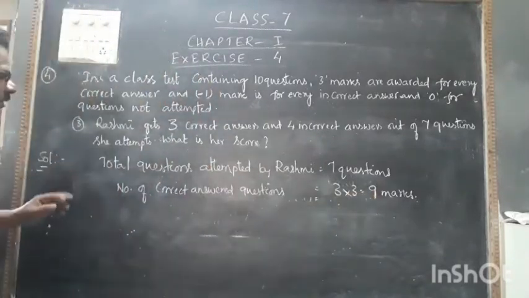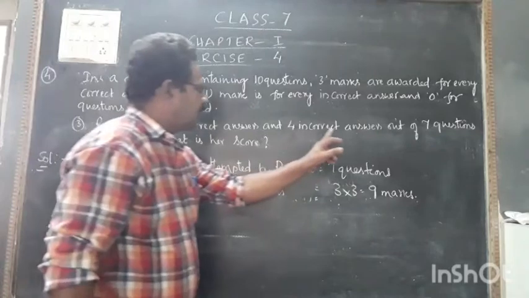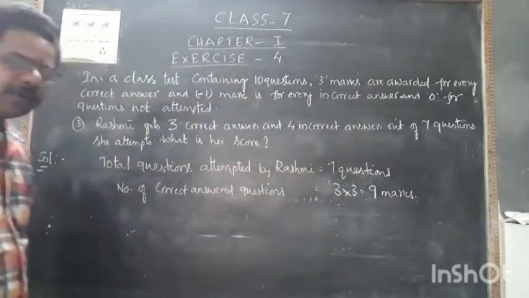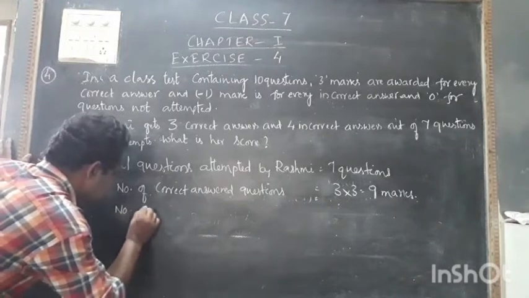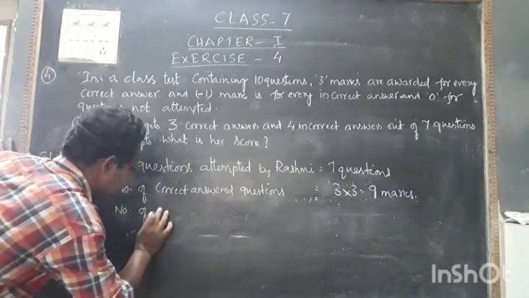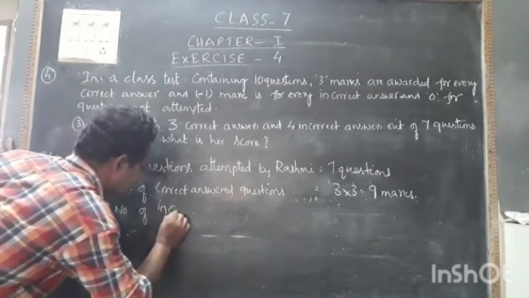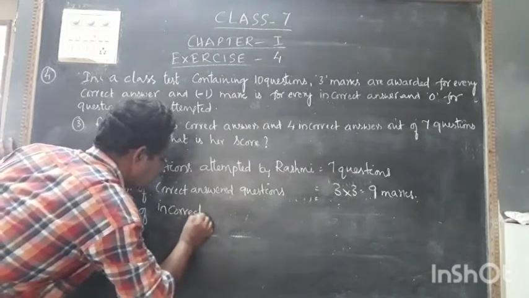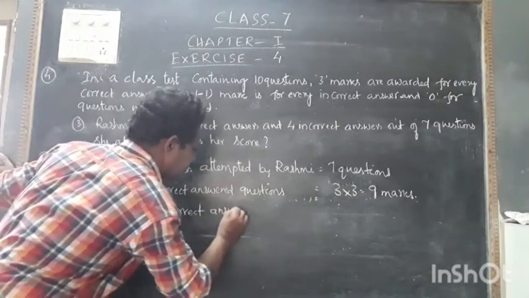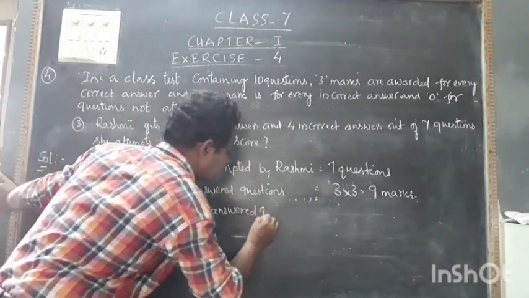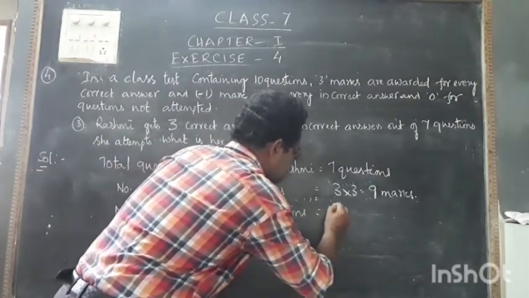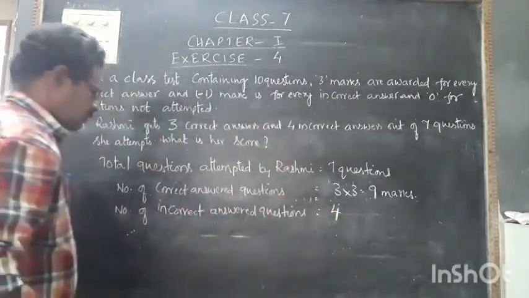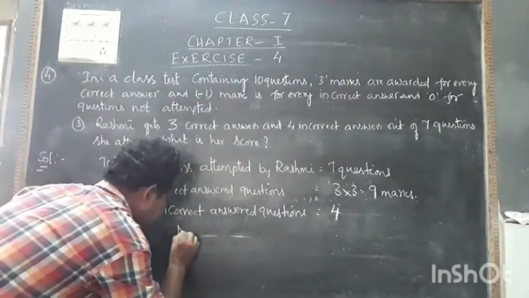Okay. Next, 4 incorrect answers. So number of incorrect answered questions is equal to 4. So marks should be deducted.